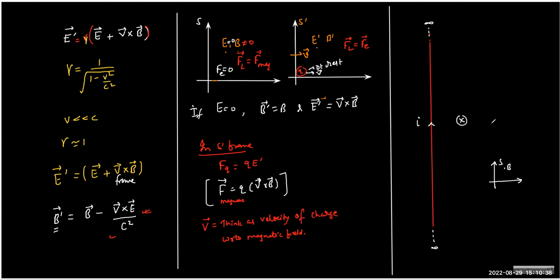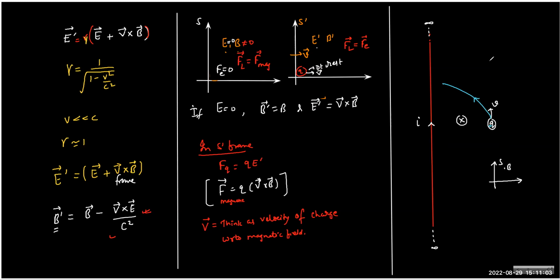So let's say you throw a charge particle Q with a velocity V. A charge moving in this direction will get attracted towards the wire due to the magnetic force, like this. So this is the expected path of the positive charge. Okay.